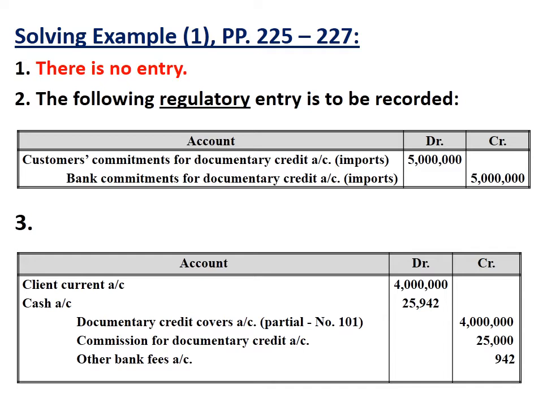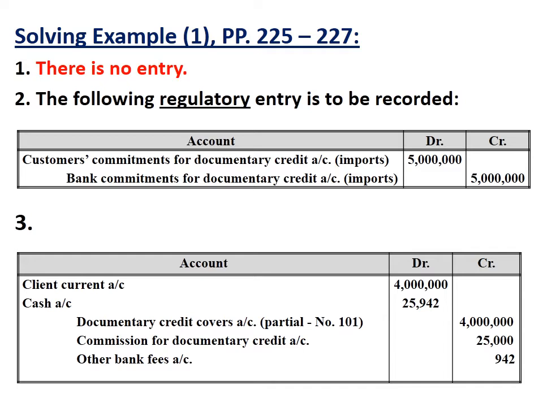Number 1. One of the bank's clients submitted a request to the bank in order to open a documentary credit for importing meat from Brazil, and the value of the required credit amounted to 5 million Egyptian pounds.